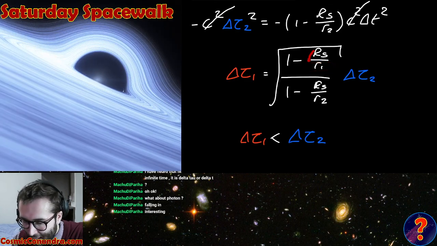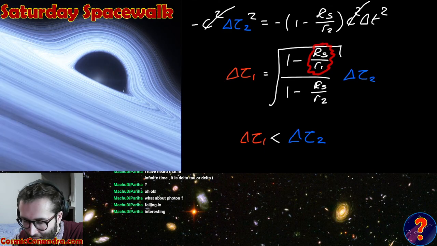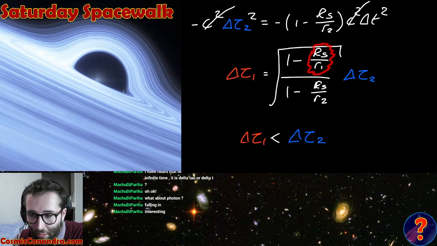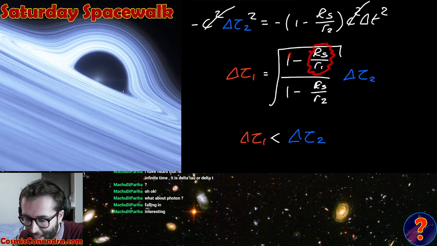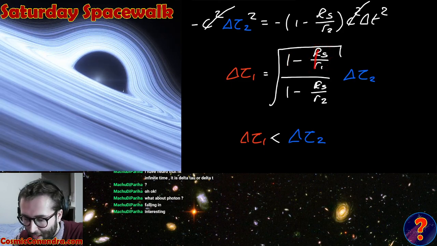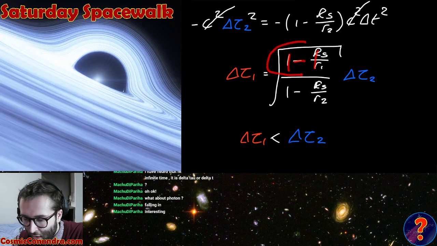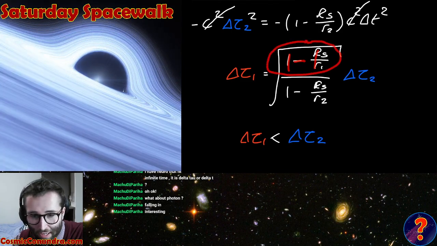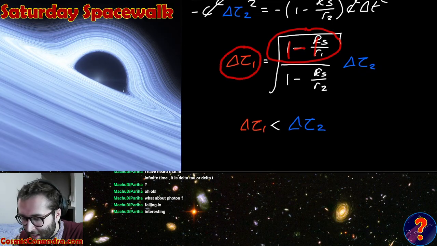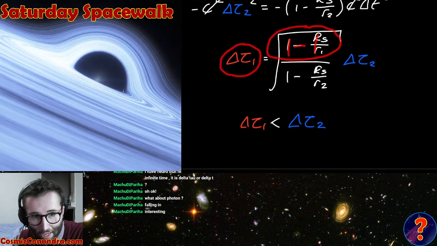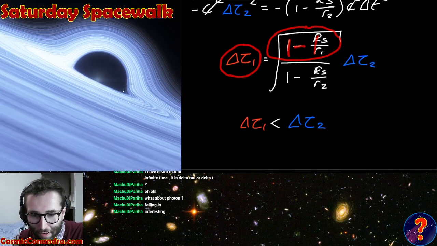So that means Rs over R1, where R1 is becoming Rs, will be roughly 1. So we'll have a 1 minus 1 up here, so this whole numerator will roughly equal 0. That tells us that the time experienced by person 1 will be roughly 0.